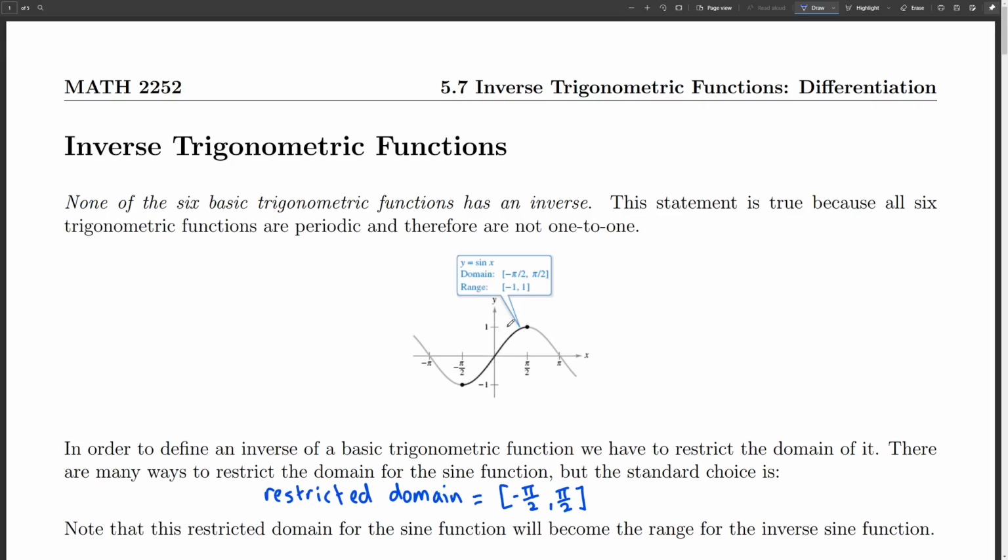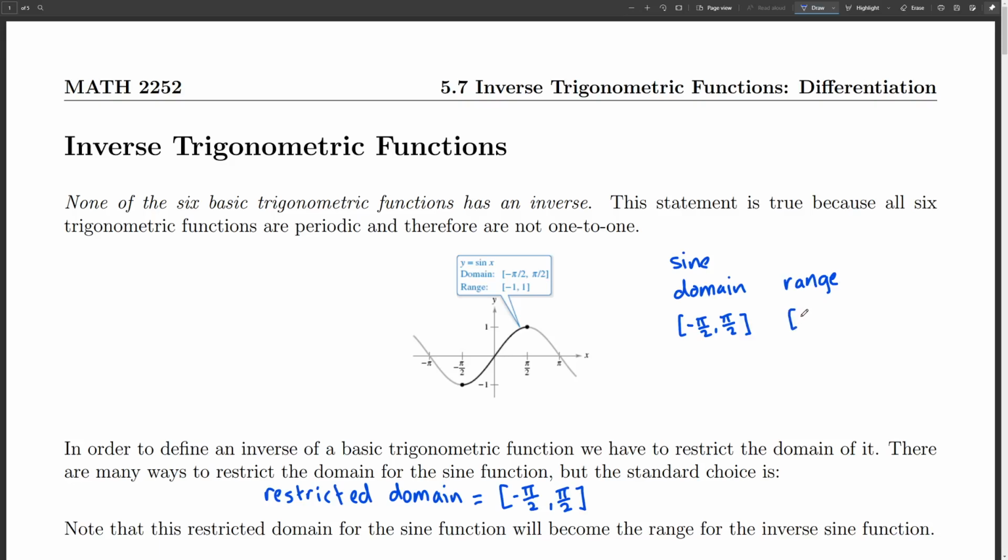So for the sine, when we look at the domain versus the range, we see that the restricted domain is negative pi over 2 to pi over 2.